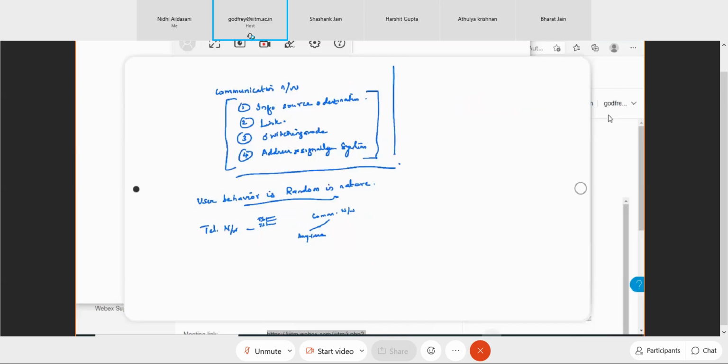Now, since the user behavior is random, it poses a problem: how are you going to provision the link, or provision the resources of a communication network?